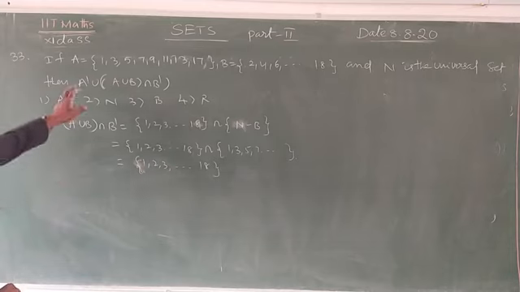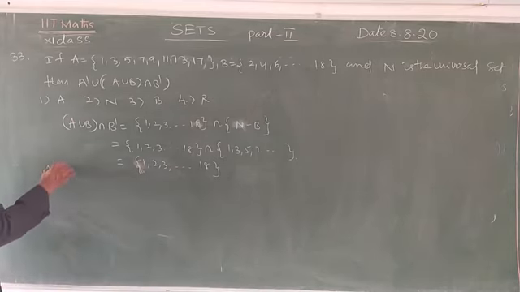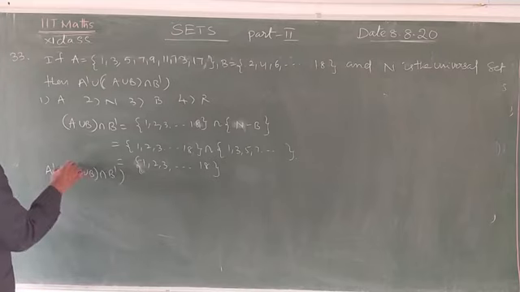Now take A dash union B intersection B dash.